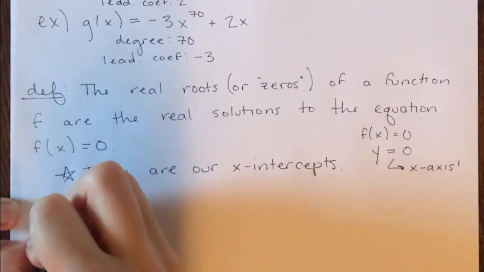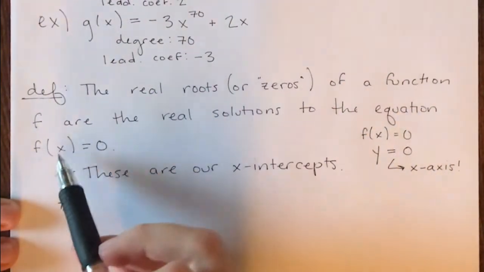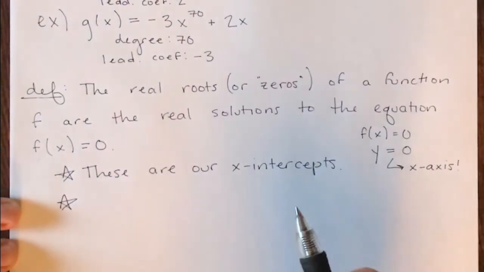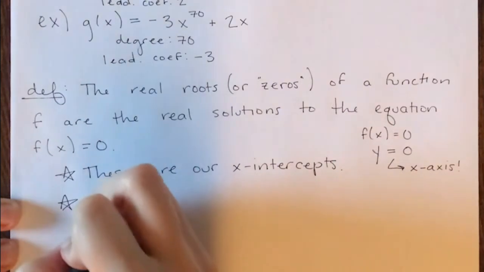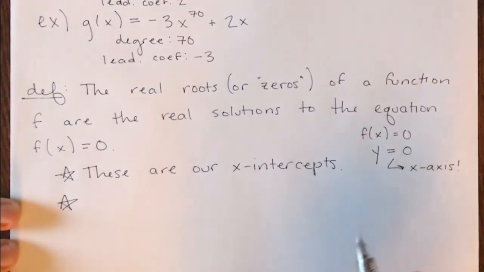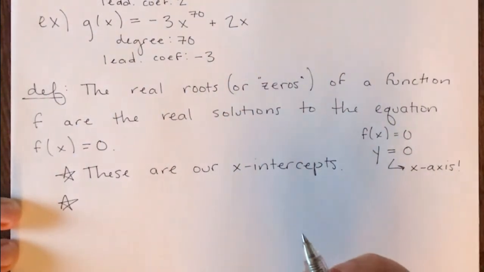Another fact that I would like for us to carry along with us. Remember, x is often our independent value, but sometimes it's not. So let's say we had a function g, and instead of using x as our independent value, we had t as our independent value.